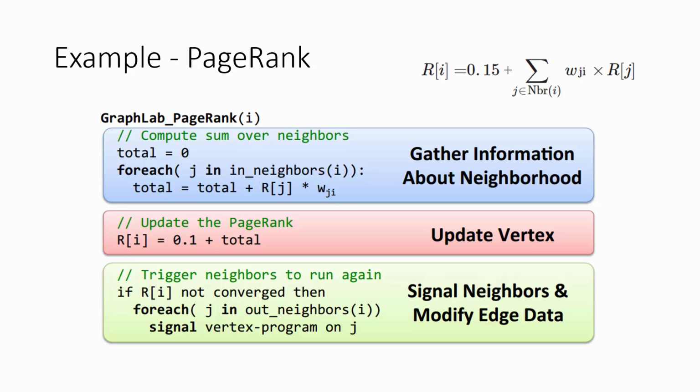And this will continue running until all ranks have converged within a certain threshold. Now, setting this threshold is also quite important, because if you set a very low threshold, sometimes this algorithm might not converge. So there's a little bit of an art in how you set this up to make sure that the program actually finishes execution.